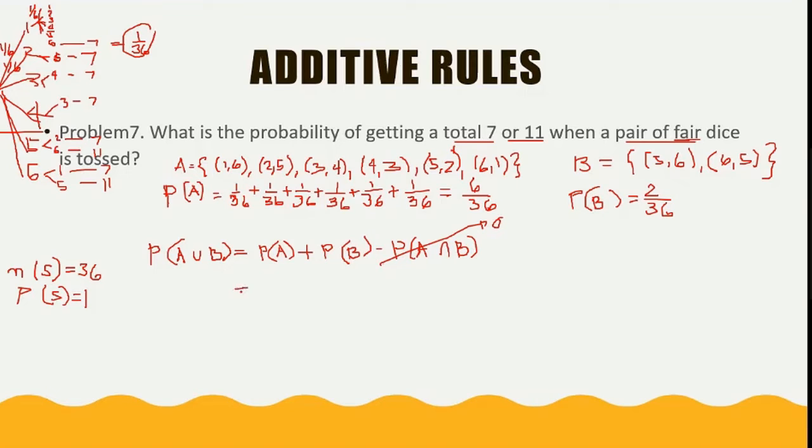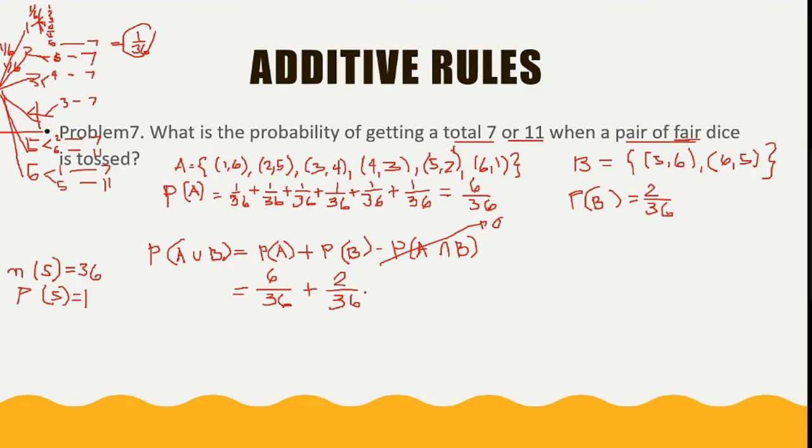So the intersection is zero. What remains are the probabilities of A and B, and that's 6 over 36 plus 2 over 36. As you can see, I did not simplify the fractions yet, because I know that I will be adding these two. If we recall, we can only add fractions which have the same denominators.